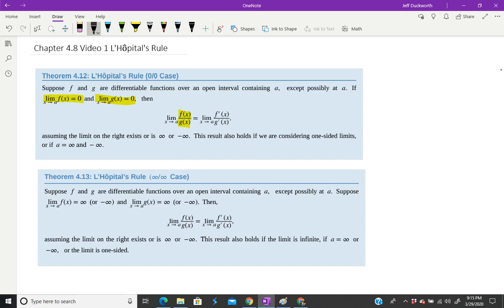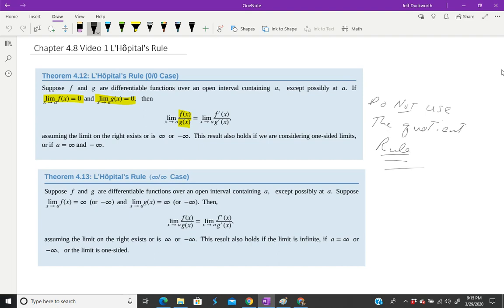All right, so you are not using the quotient rule. So you're going to take the derivative of the numerator, leave it in the numerator. You're going to take the derivative of the denominator, leave it in the denominator.